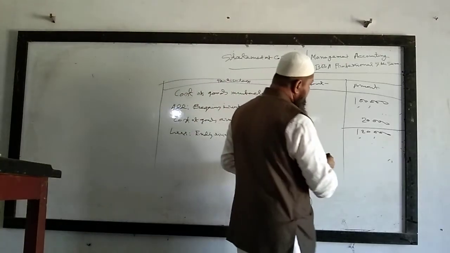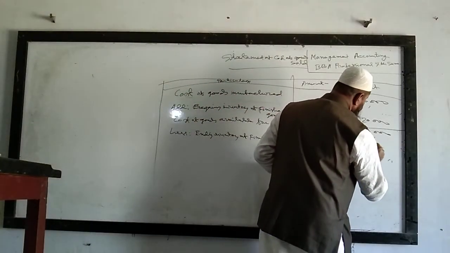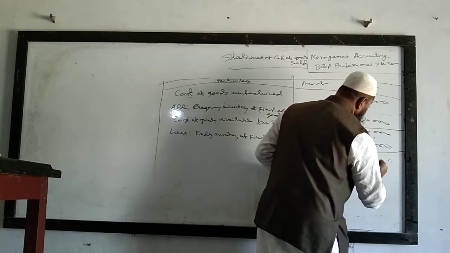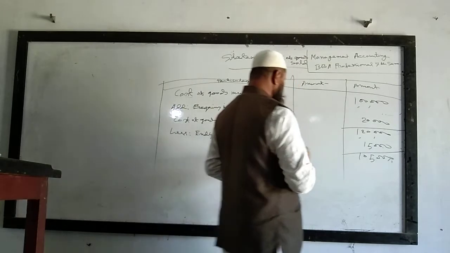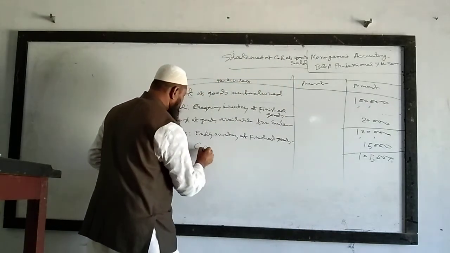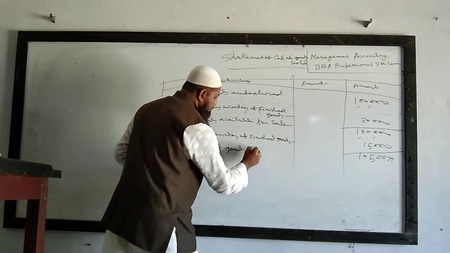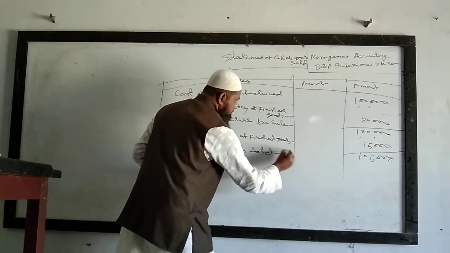Say for example 15,000, so 1,05,000 cost of goods sold. Cost of goods sold.